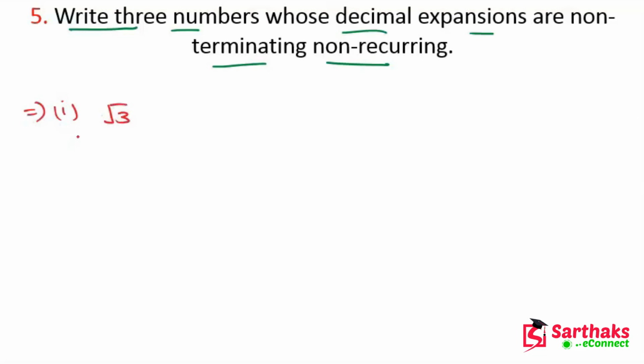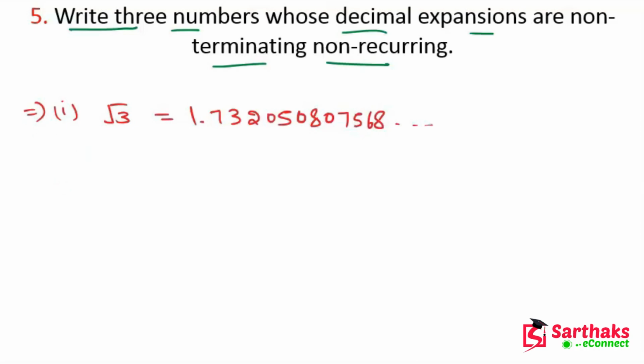If we write the value of root 3, this is 1.73205 0807568 and so on. It is not terminating and not repeating, non-recurring.